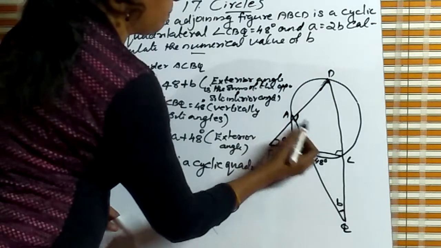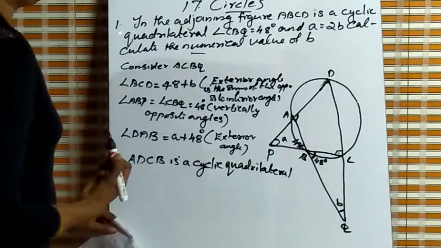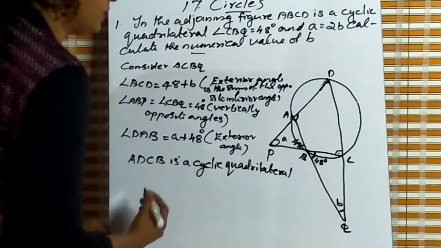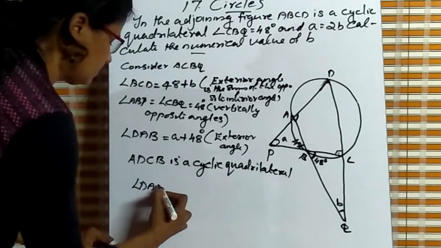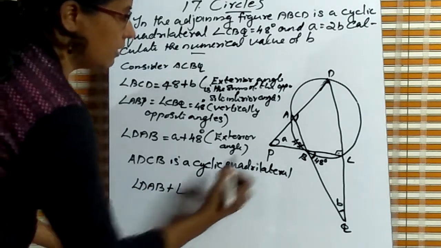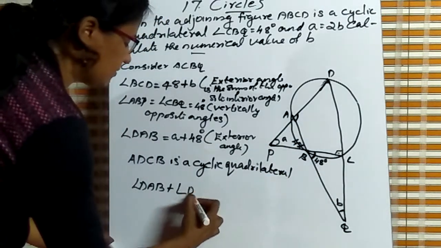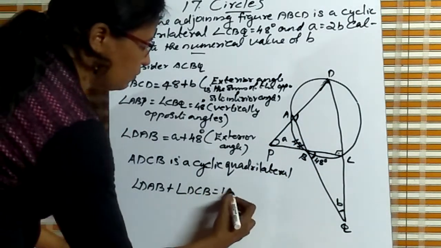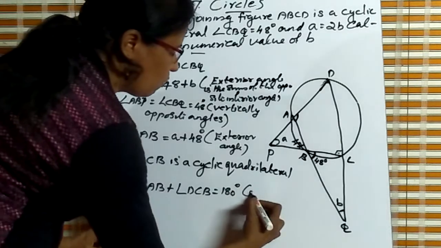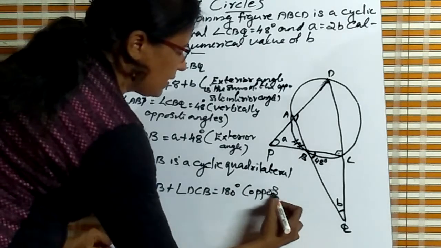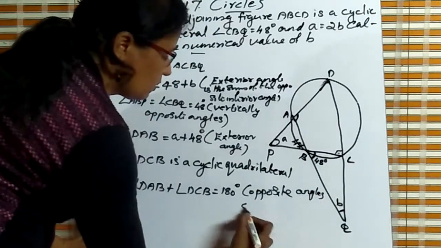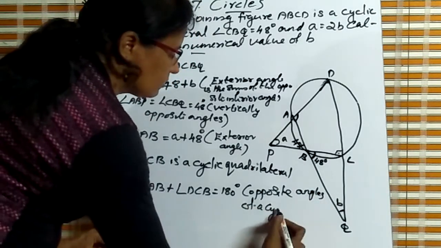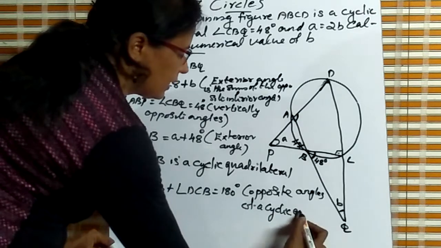This angle A plus angle C is equal to 180 degrees. Angle DAB plus angle DCB is equal to 180 degrees. Reason, opposite angles of a cyclic quadrilateral.